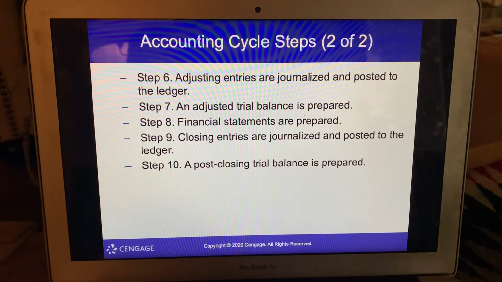Then adjusting entries are journalized and posted to the ledger, and an adjusted trial balance is prepared. Then financial statements are prepared, then the closing entries are journalized and posted to the ledger, and then a post-closing trial balance is prepared. Okay, so that's the complete cycle.